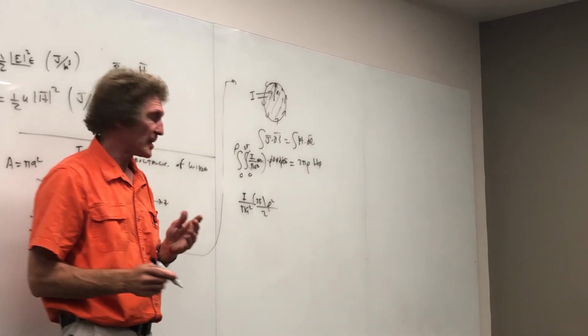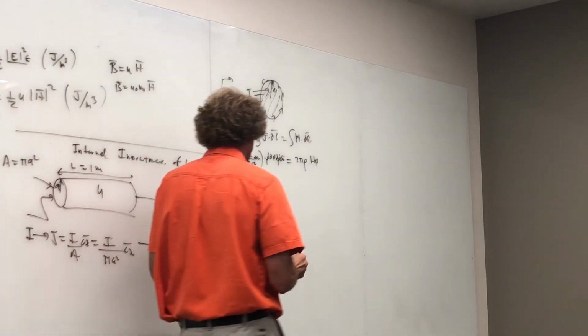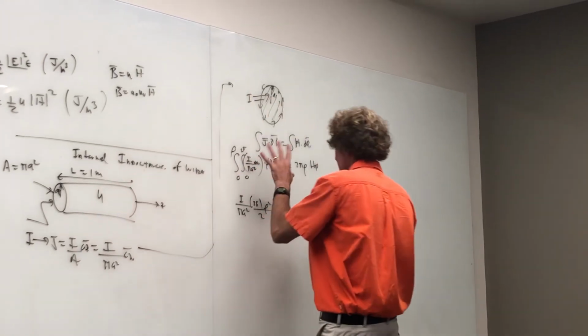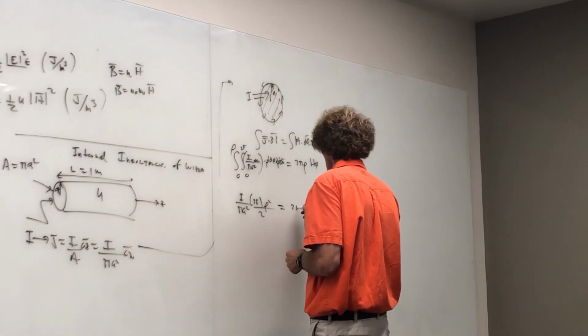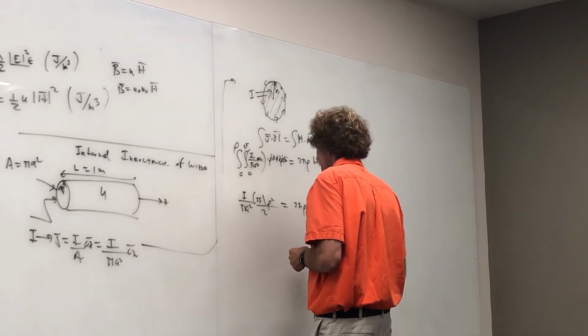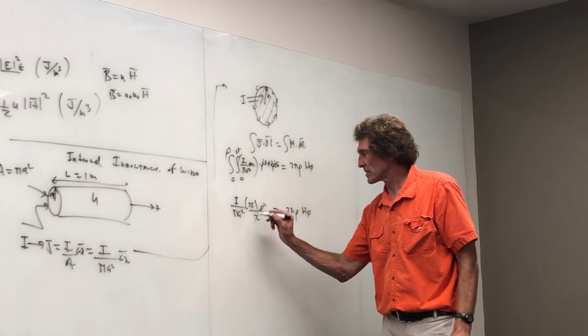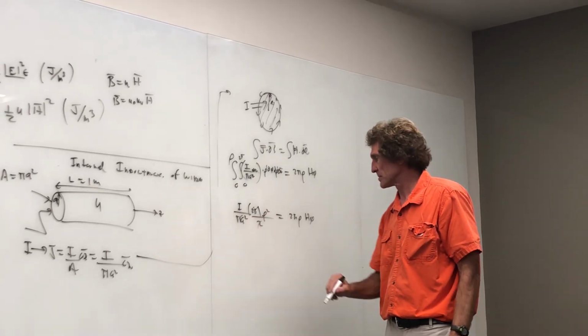I'm only solving for the H field. So now this integration is equal to 2 pi rho H phi. I look at what cancellations I can do on this side first, so I can get rid of the 2's, I can get rid of the pi's.